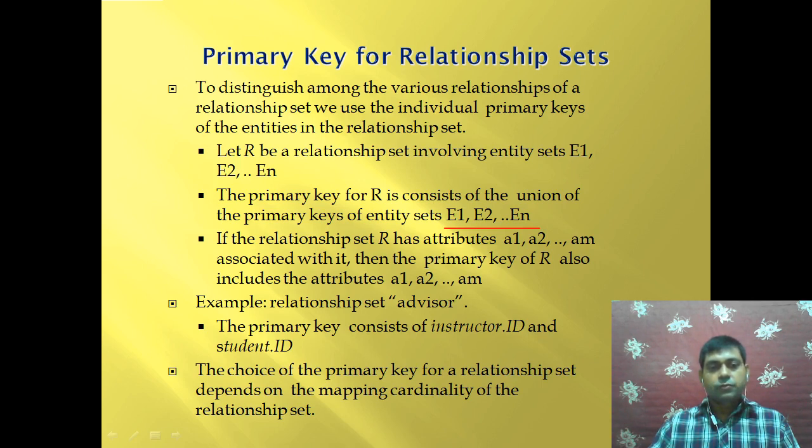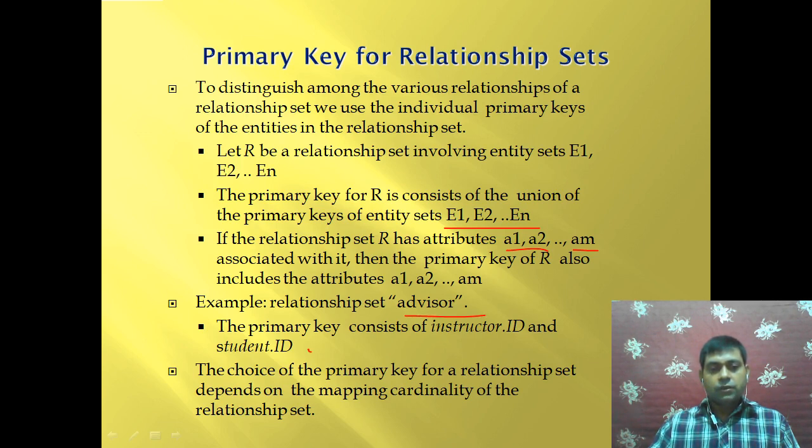If the relationship set R has attributes like A1, A2 and AM associated with it, then the primary key of R also includes the attributes A1, A2 and AM. For example, for the relationship advisor, the primary key consists of instructor ID and student ID.